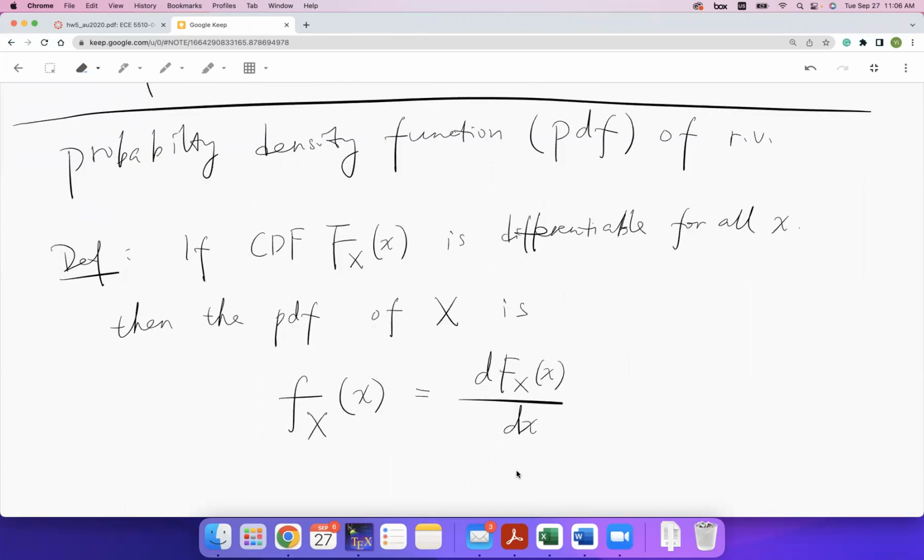So basically, the CDF characterizes the cumulative density, whereas the PDF characterizes the density at each single point. So that's why it's defined by the derivative.